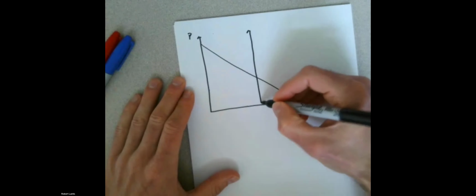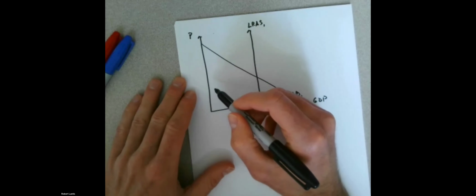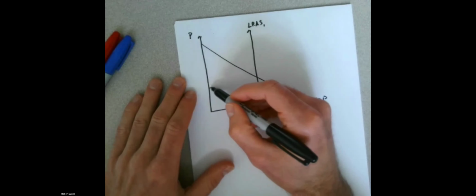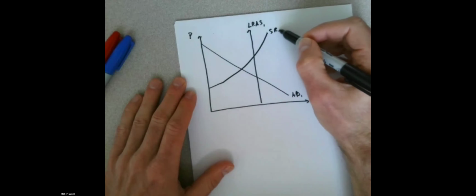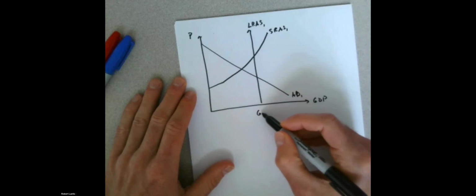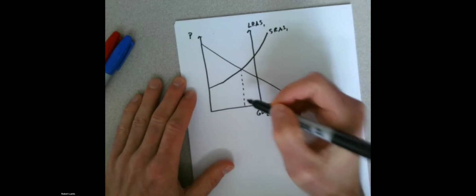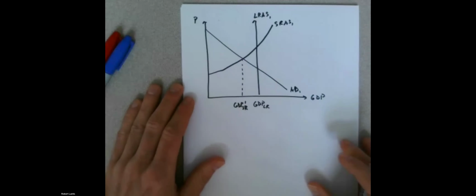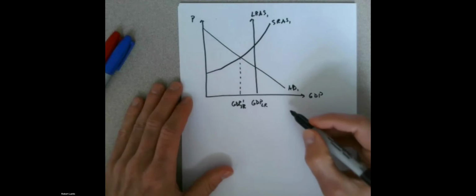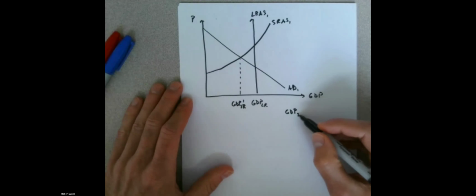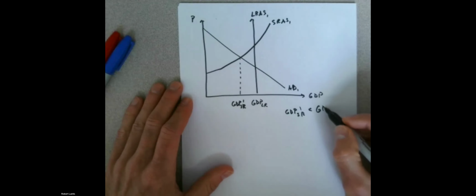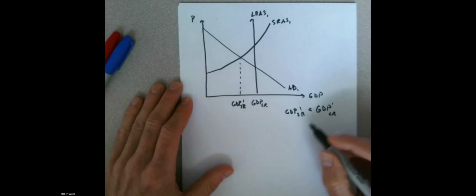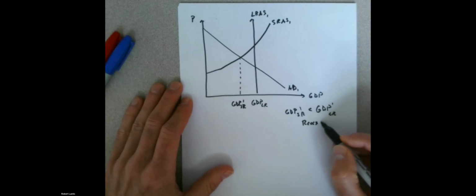Here's our long run aggregate supply. And let's say we're currently at a point. So our long run GDP should be here, but our short run GDP is currently here. Okay. Because short run GDP is less than our long run GDP or potential GDP, we know that we have a recessionary gap.